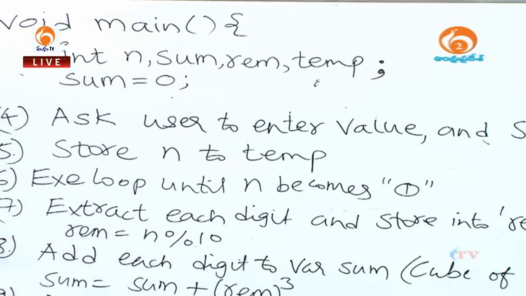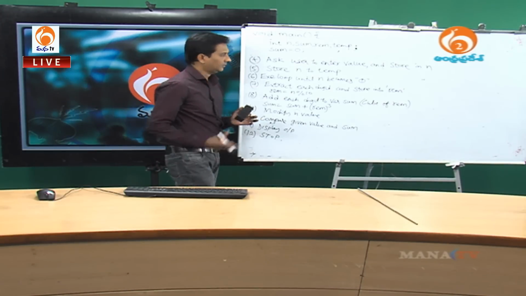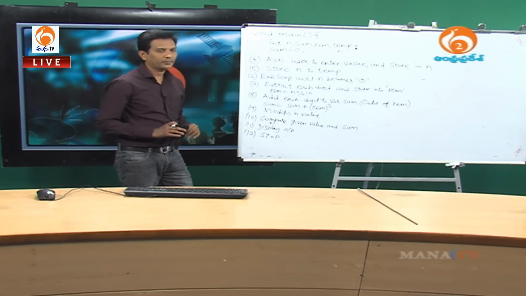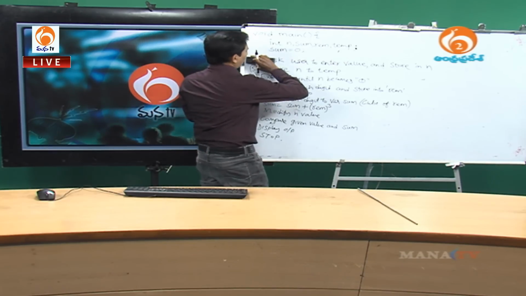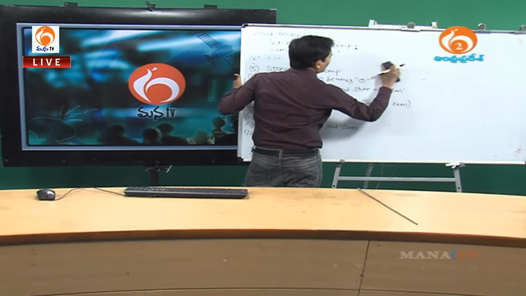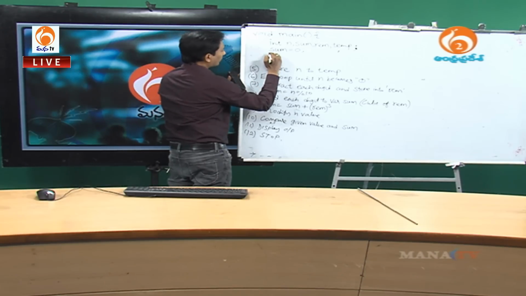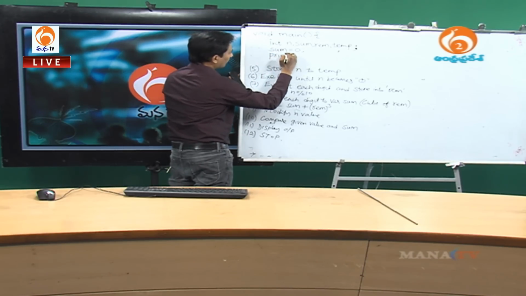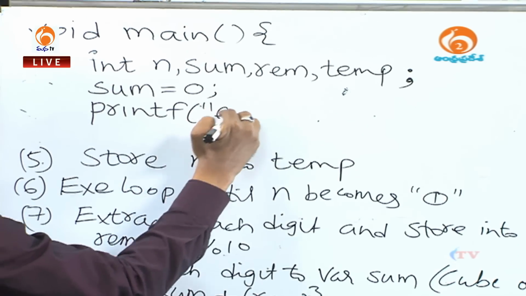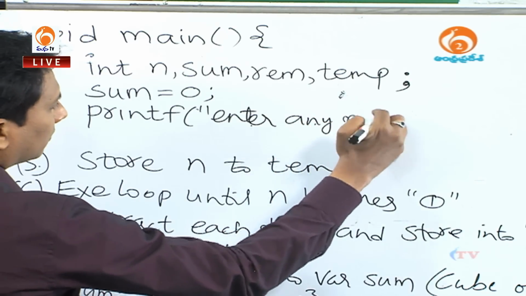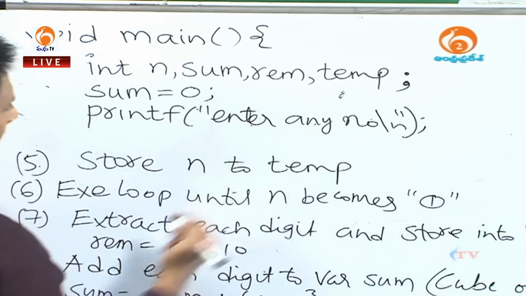Next, ask the user to enter a value and store it into n. Given value I am storing into n. Converting step 4 into a C valid statement: step 4 means printf, enter any number.